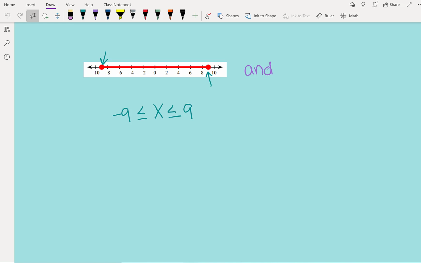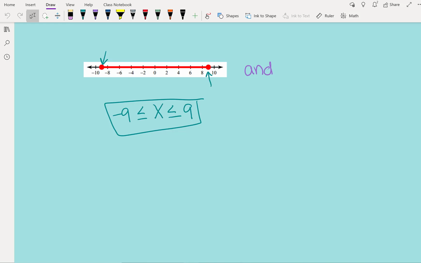So x is between negative 9 and positive 9. And that's it. Remember that inequalities give us an infinite number of answers. So even though there's only this many actual whole numbers and integers in here, you can't forget all of the little decimal points in between. Infinite number of answers that inequalities give us, and that's why we use that shading.